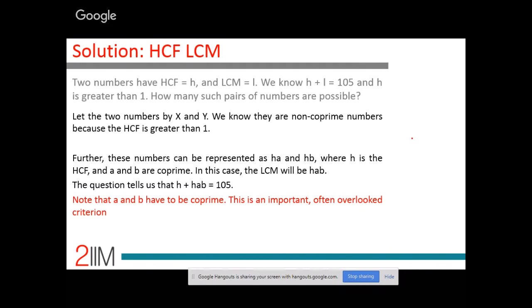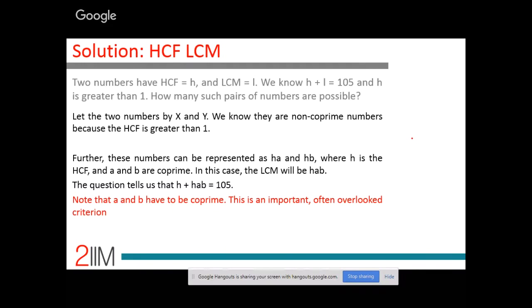So give that a go. I'm going to pause at this point. What you've got so far is H into (1 plus AB) is 105, and then build from there. You can factorize 105. One of the factors can be H, the remaining is 1 plus AB. Important caveat here: HCF cannot be greater than LCM, so keep that in mind. If HCF is 35, LCM is 70, you might get some possibilities.